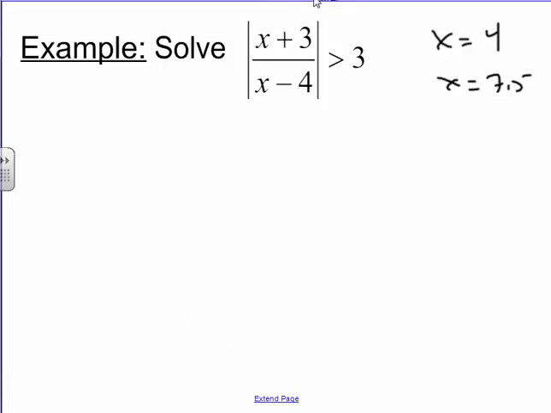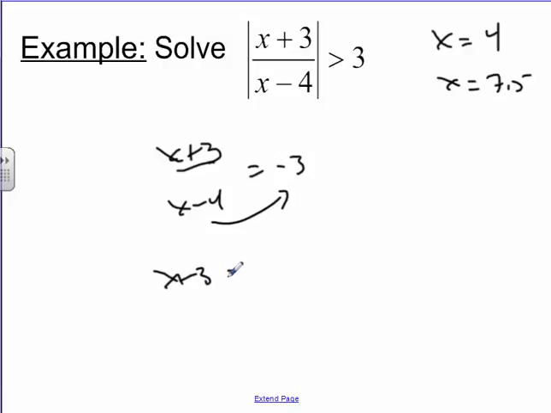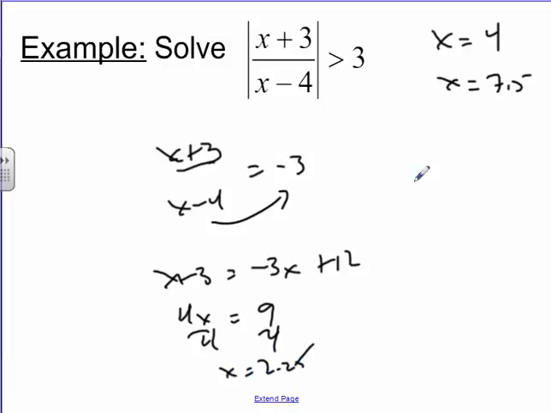What if the absolute value sign had taken this value that was supposed to be 3, and what if it was negative 3 originally, but we made it into a positive 3? Well, then when I bring this up here, you're going to get negative 3x plus 12. So we'll make that 4x over there. Bring the 3 the other way, make that 9. 9 over 4. What's 9 over 4? 2 1/4?